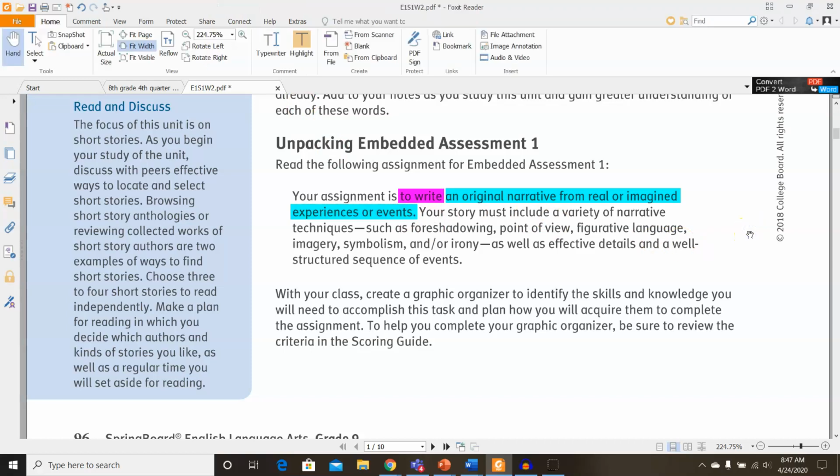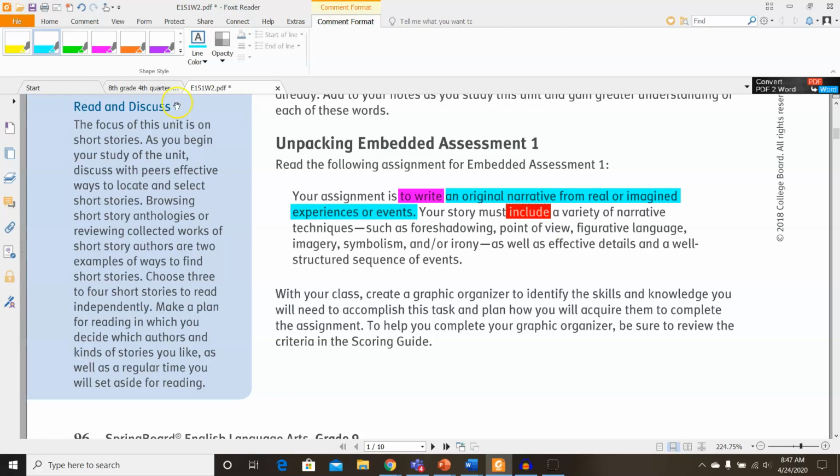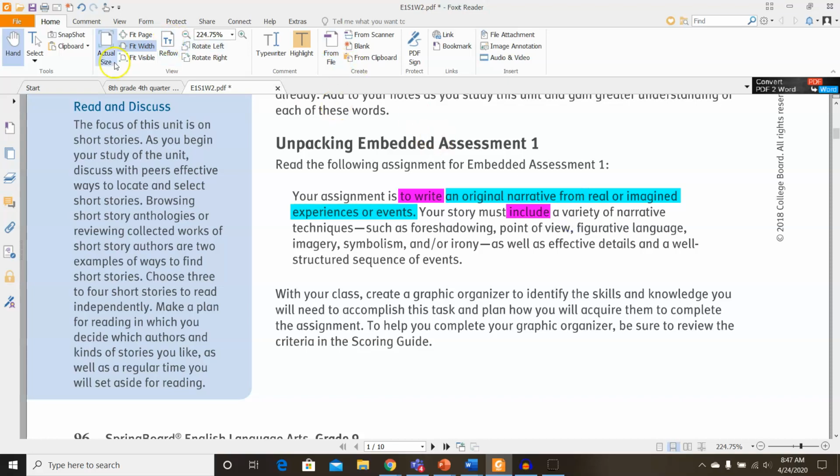So my story must include, so I'm going to have to include a variety of narrative techniques. That's what I'm going to have to include, okay?